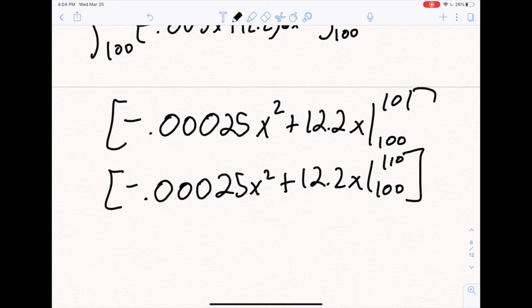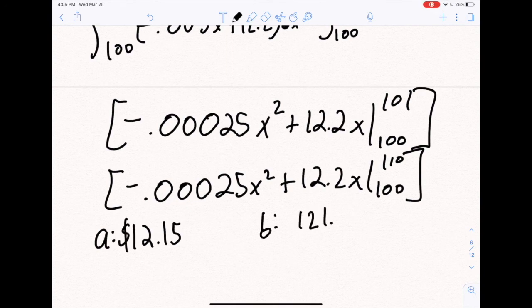I'll throw on some closing parentheses here. And if you plug those numbers in and subtract, what you end up with is your answer for A is $12.15, and your answer for B is $121.48.